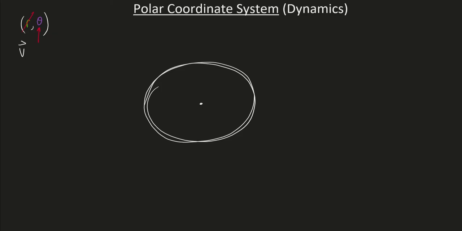So this is going to allow us to really focus on theta. Let's say my particle is here, and then it's here. I can draw these two lines, and this right here is the angular distance, my angular displacement, that I traveled during some time interval.